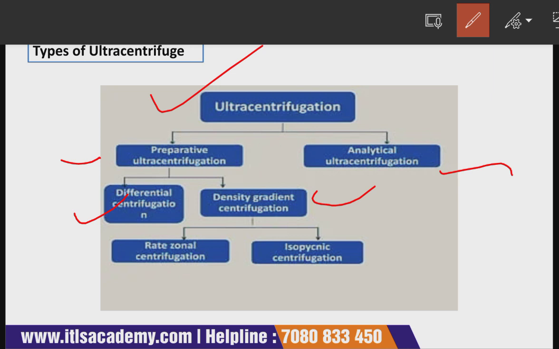Then the density gradient is further divided into rate zonal centrifugation and isopycnic centrifugation. All of these, whether preparative ultracentrifuge, analytical centrifuge, differential centrifuge, density gradient centrifuge, rate zonal or isopycnic centrifugation, we have discussed in detail in our previous lecture. So you can refer to that lecture for better understanding.